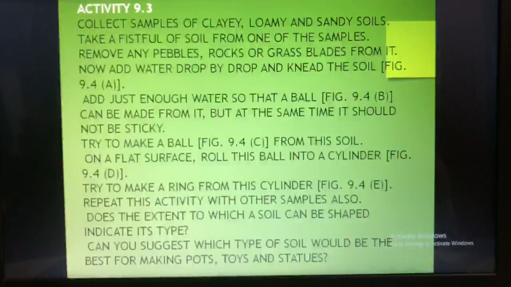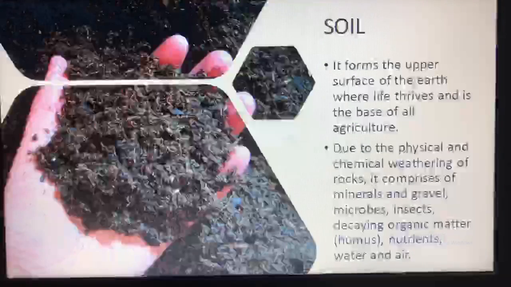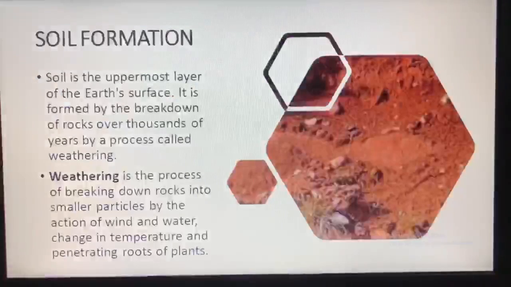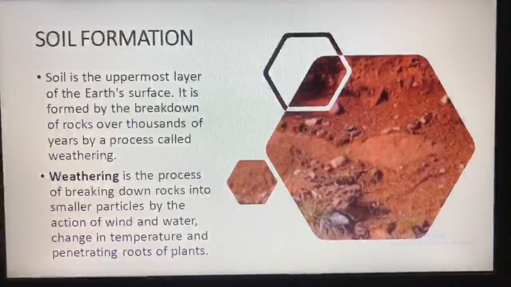Then we had studied that soil forms the upper surface of the earth. Due to physical and chemical weathering of rocks, it comprises minerals, gravel, microbes, insects, decaying organic matter, that is humus, nutrients, water and air. How soil formation takes place, this also we had read yesterday.